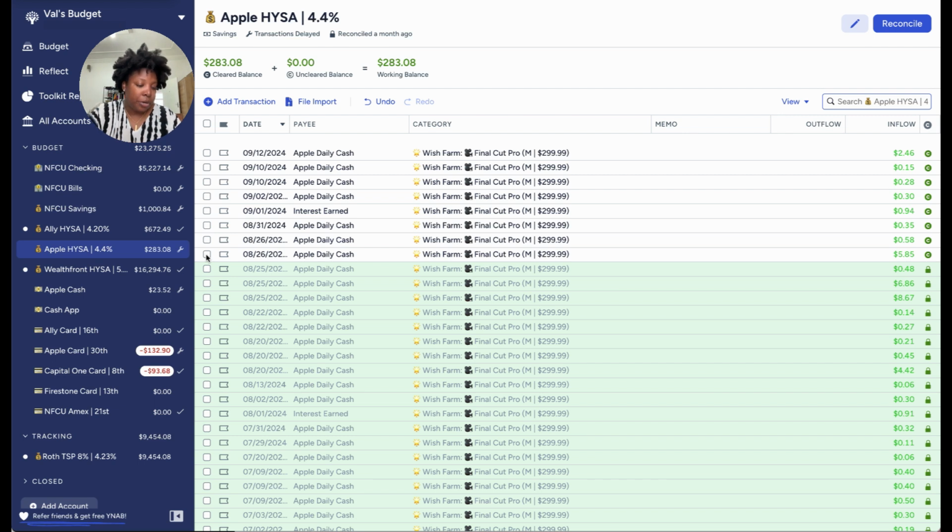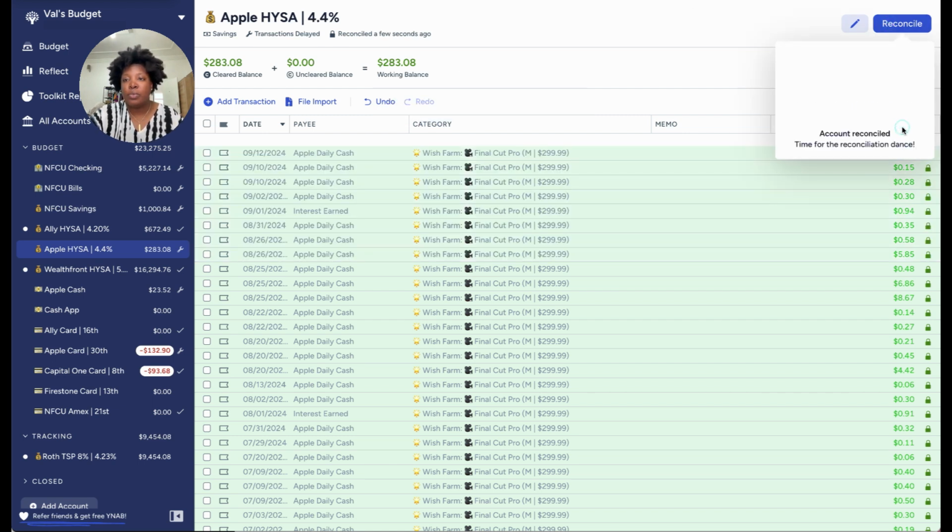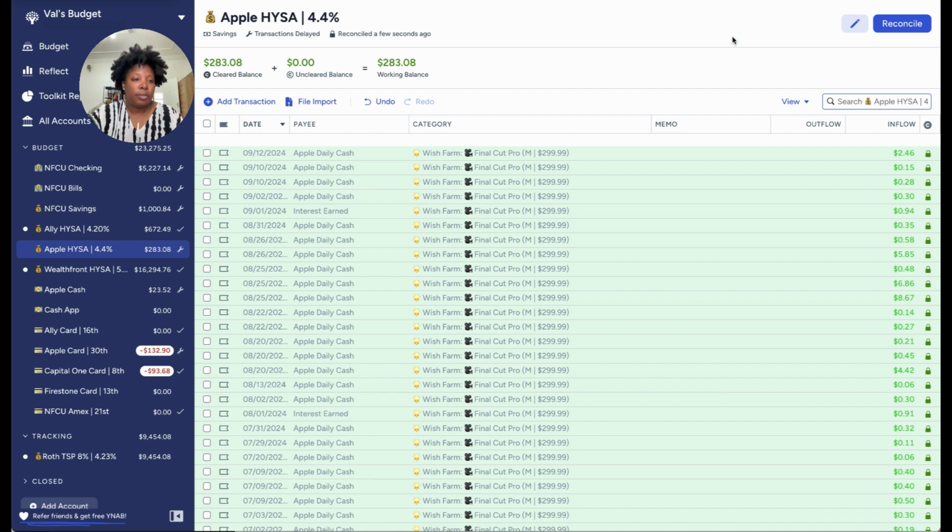Current balance $283.08, cleared balance 283.08, matching with working. So we can reconcile these and we're golden. All right, 2 more accounts to go. So let's go ahead and open up my Ally Bank accounts for my high yield savings.